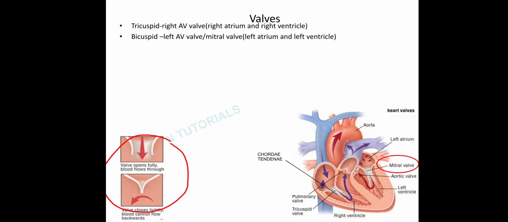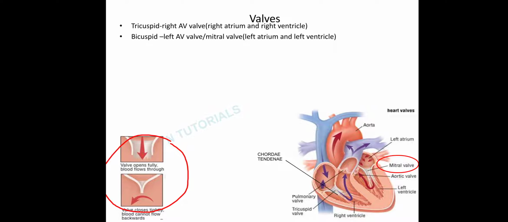It is just to ensure that the valve opens only towards one side, like the hinge joint in your body. If we take an example of a door, it only opens towards one side. It doesn't open backward. In the same way, the valve also opens towards one side.